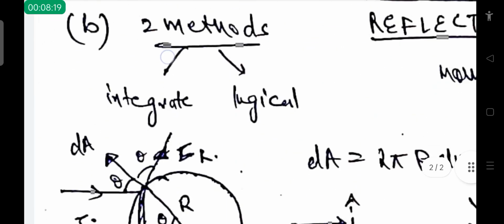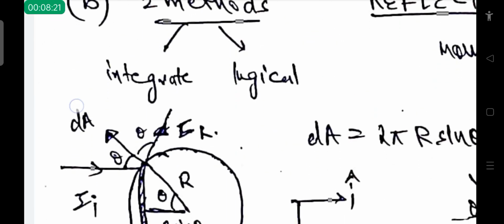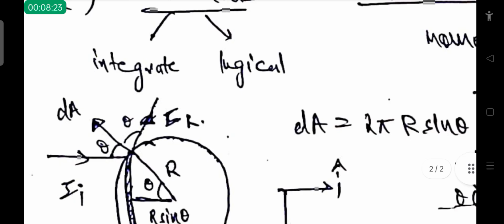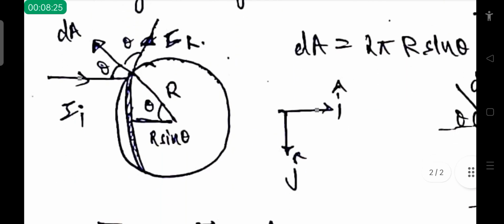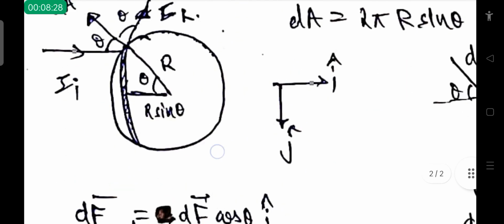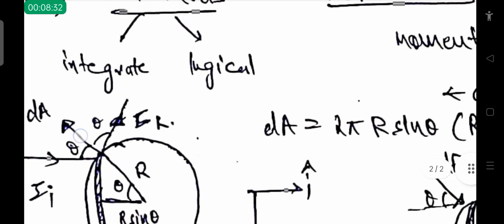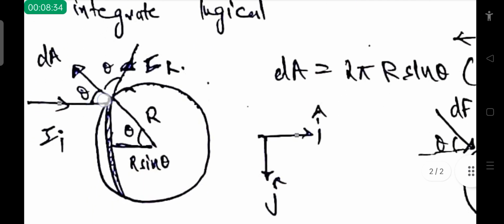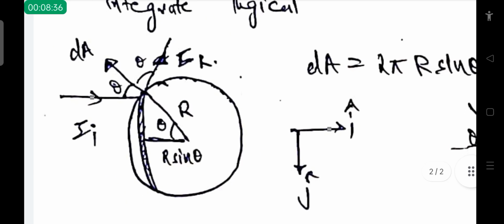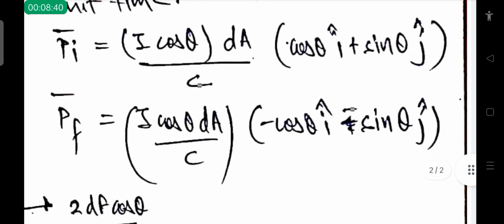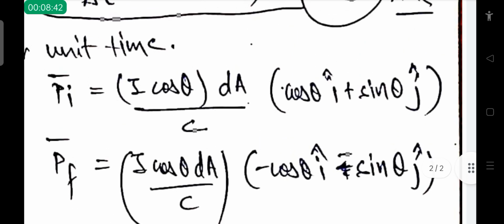Then if I resolve this along the normal into the coordinate system I have given here, one component will be downwards and one towards the right, one along i cap and one along j cap, so it can be written as cos theta i cap plus sin theta j cap.